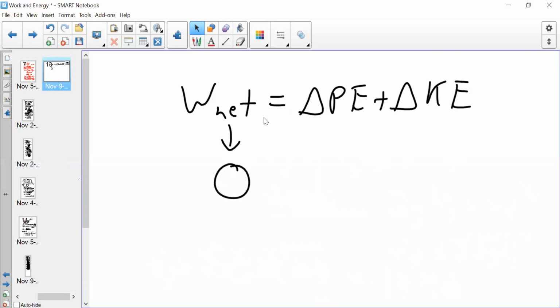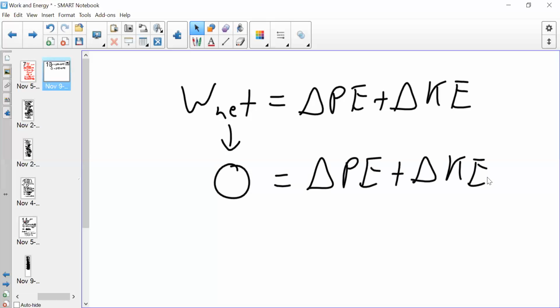You raise the ball in the air a displacement, you're going to drop it the same displacement. The work is the same, equal and opposite, which makes 0. So 0 is equal to delta PE plus delta KE. This is another way of stating the conservation of energy. There's no change in the work.